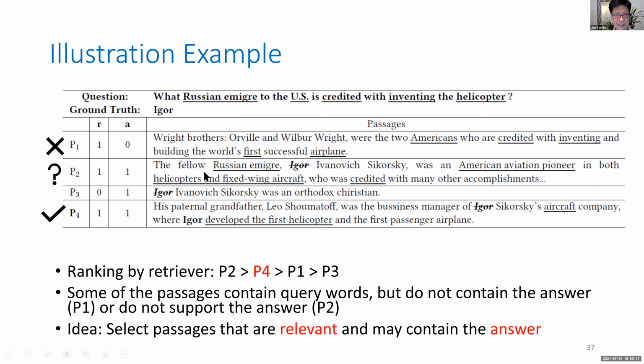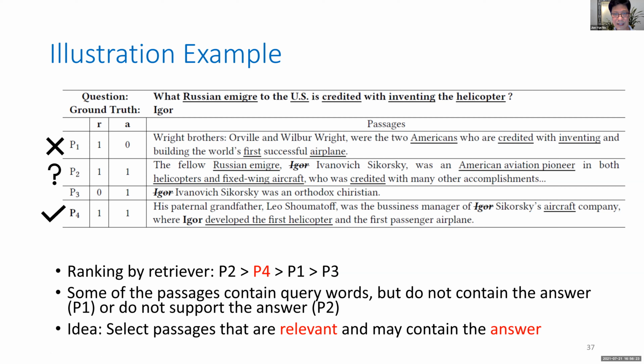And in the second passage, we have a lot of related keywords. We have Russian immigrant. We also have the right answer, but we don't have the piece of information that we can use to support the answer. That is, he is the pioneer in both the helicopter and the fixed wing aircraft. But we don't know whether Igor here is the inventor of the helicopter. So this is the missing piece.